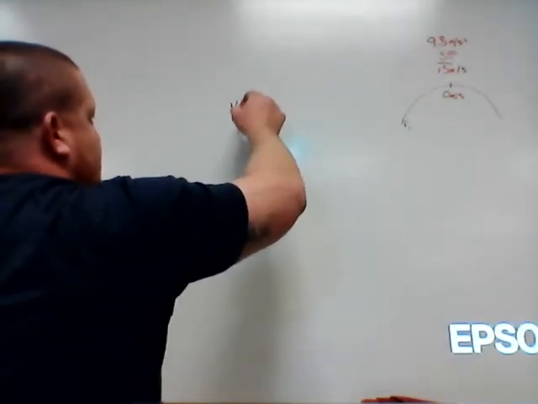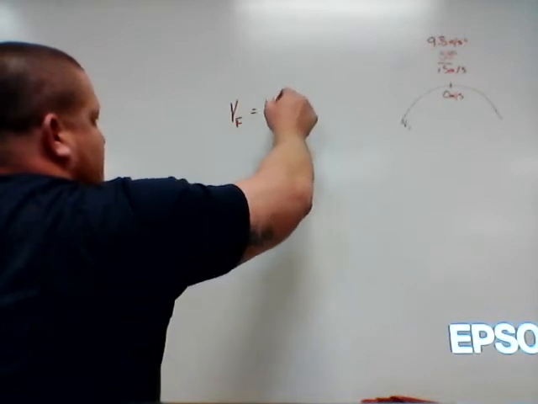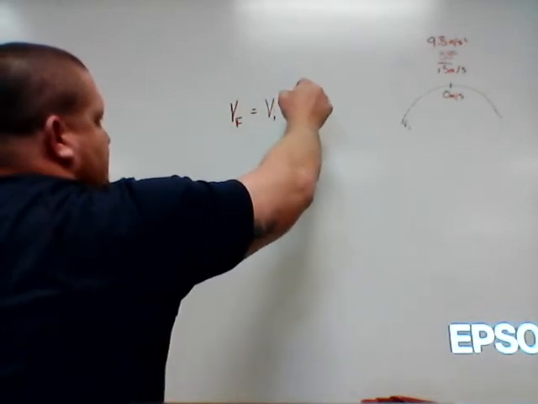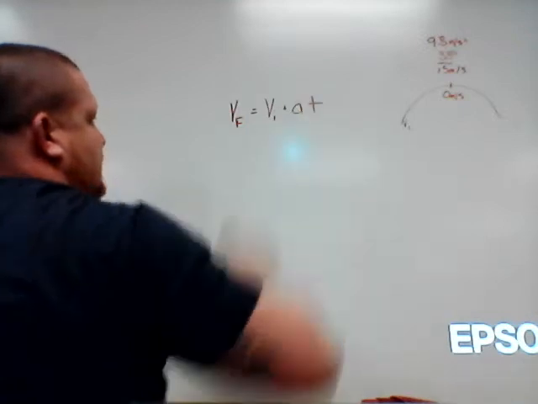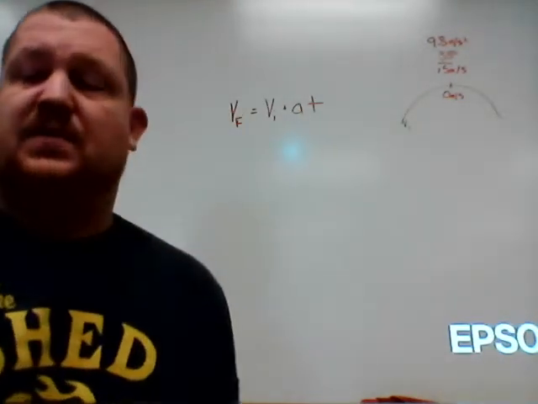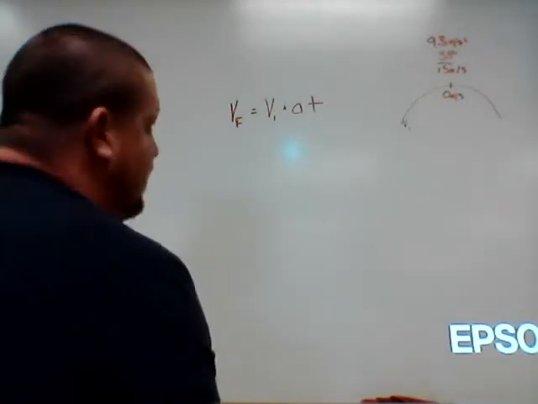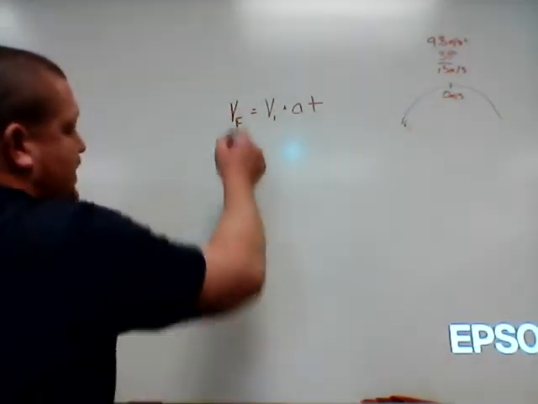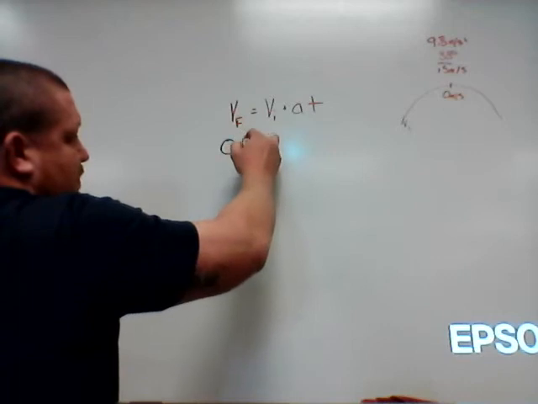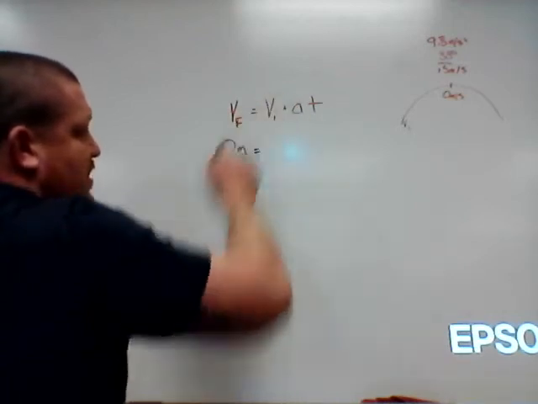So this will lead us to using this formula here. Now, we know our final velocity is 0, so final velocity, 0 meters per second equals.